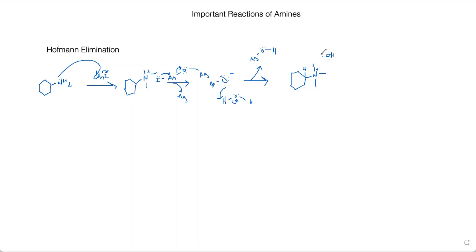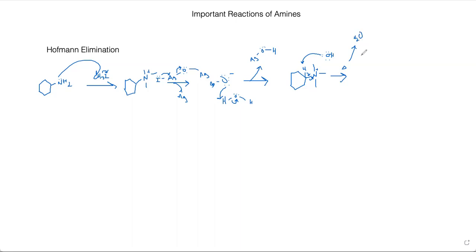So the OH is going to attack that, and those electrons are going to shift, which ultimately kicks off that whole amine group. So then with heat, we lose an H2O because of the hydrogen that OH picked up.